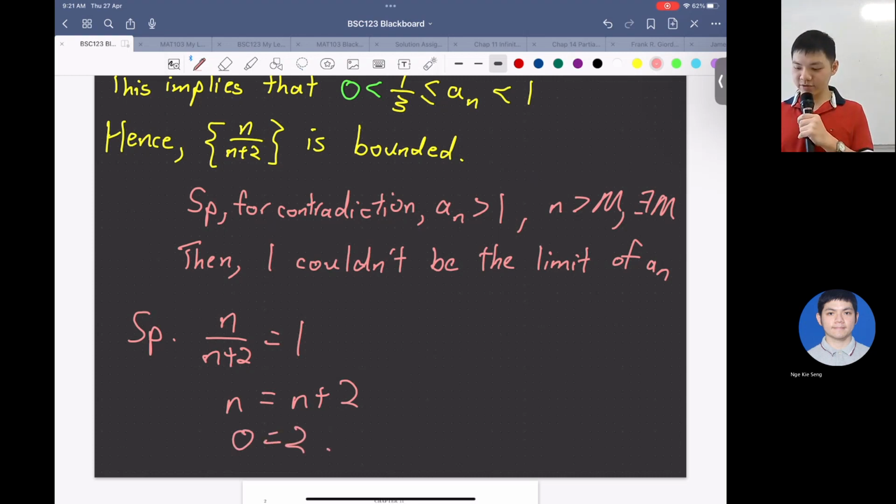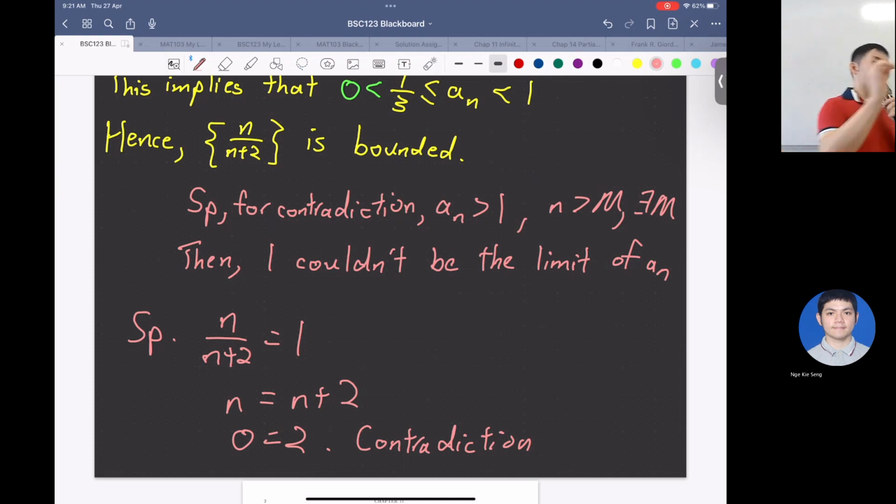So it's a contradiction. In a proper maths textbook, they will say this is absurd. So there's no n for which you can achieve 1.